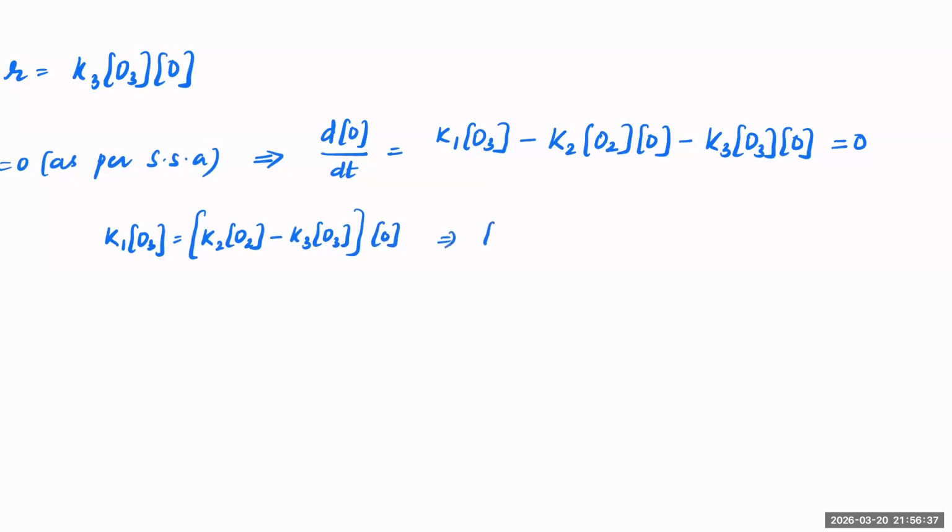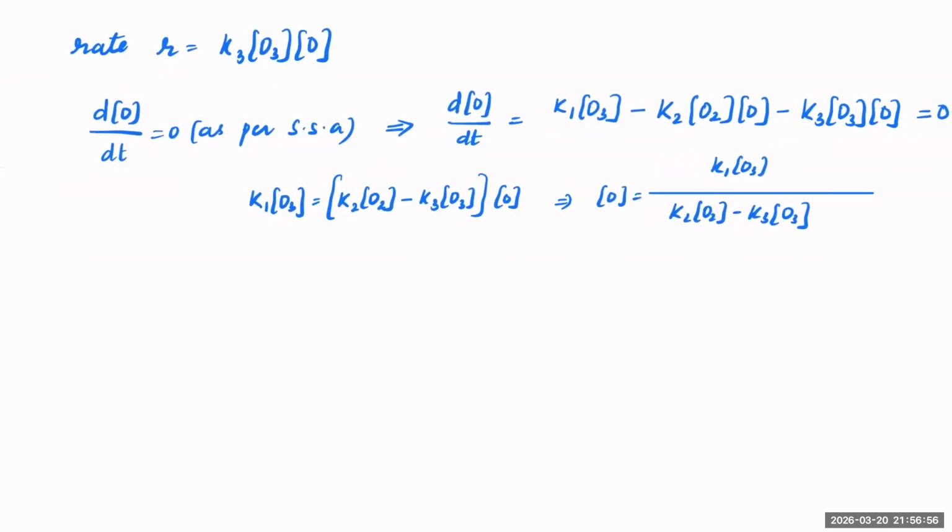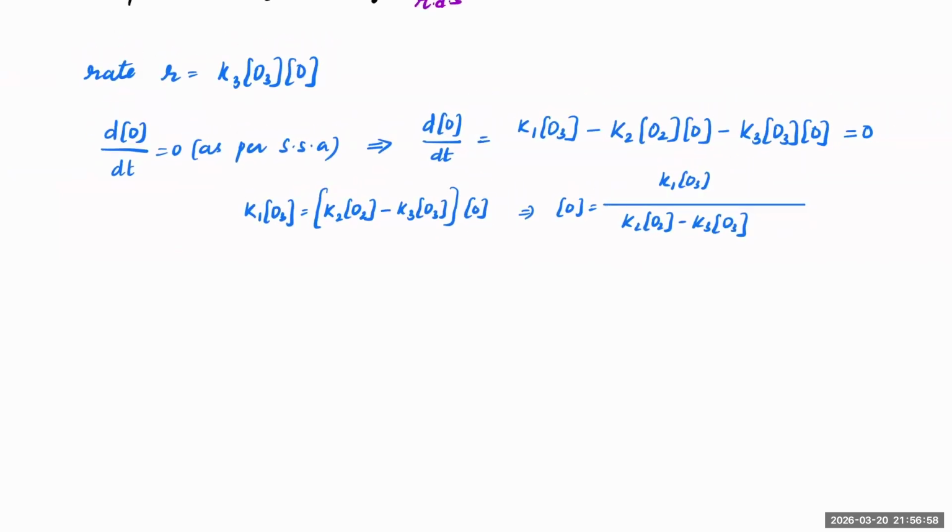So the nascent oxygen is equal to K1 into O3 divided by K2 into O2 minus K3 into O3. This is the intermediate concentration at steady state.